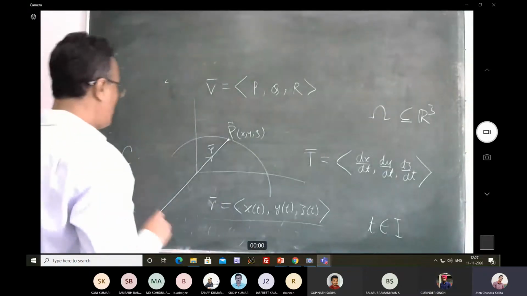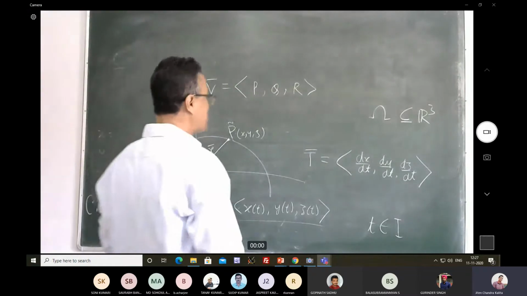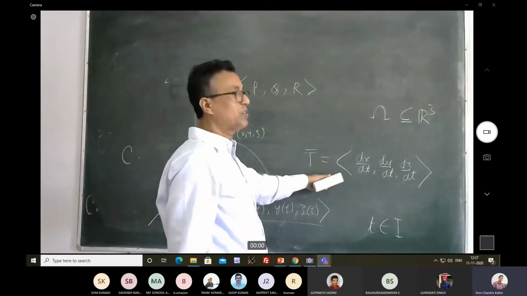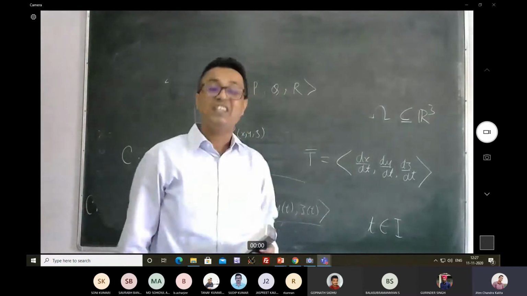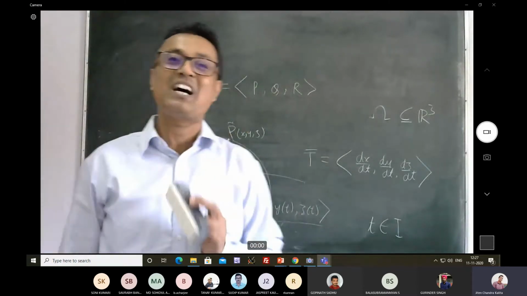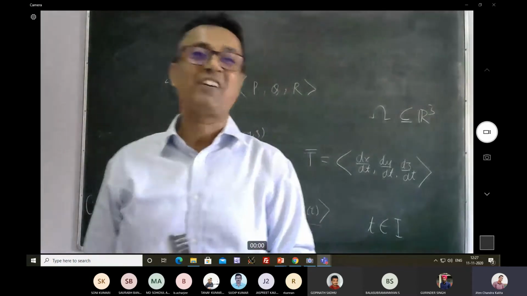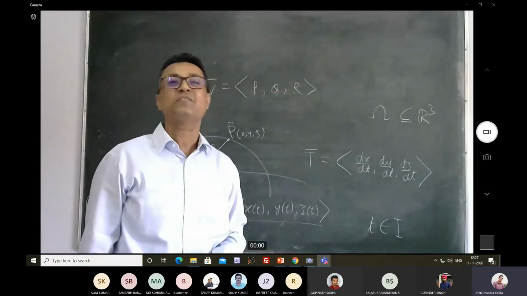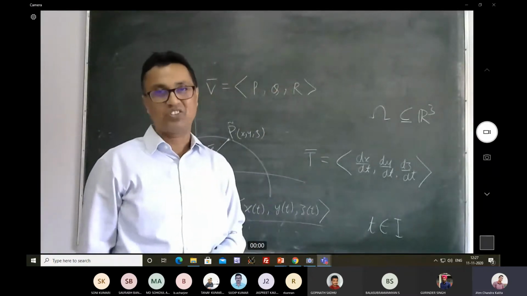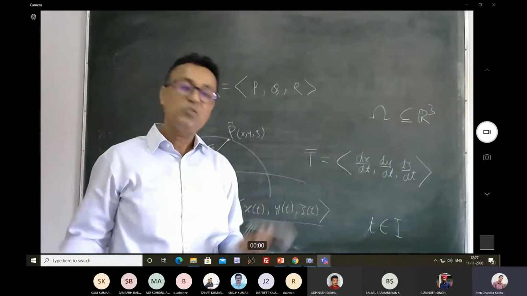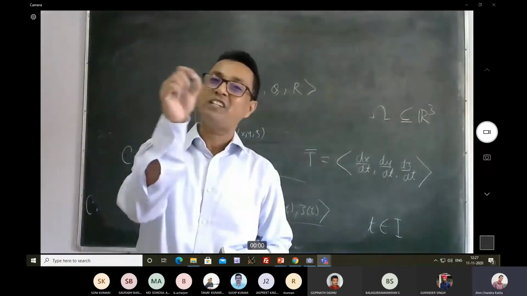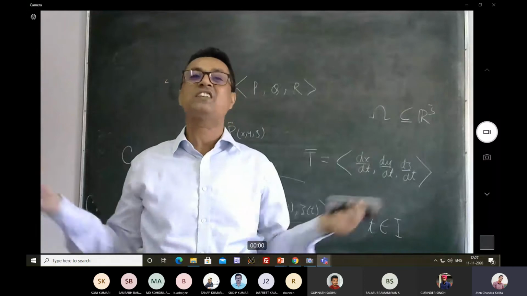So that means there must be a relationship between the components of V and components of this tangent vector. I have already told you earlier, whenever I define a tangent, I simply call it a tangent vector. If its direction is the same, its length can be different.